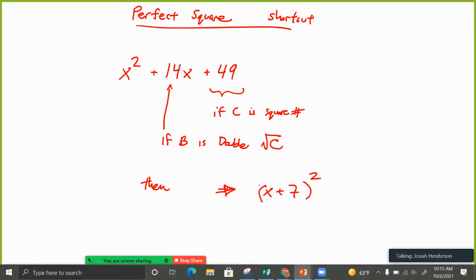It's x plus 7 times x plus 7. So we're checking to see, okay, is C a perfect square? Is it something squared? If it is, check B. Is that double whatever the square root of C is? And if so, we can just go right to the end. x plus 7 squared, done. And like last time, if you go through the whole process with this instead, it'll work that way as well. You'll find 7 times 7, you'll split up 14x as 7x, 7x, and you're done.